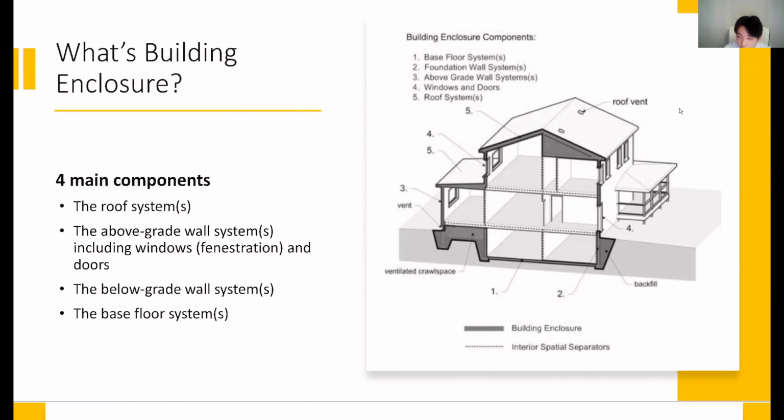But the below grade wall systems are mainly adjacent to the underground soil, which doesn't fluctuate that much in terms of temperature. And so you can think of the soil or the underground structure as sort of a damper.